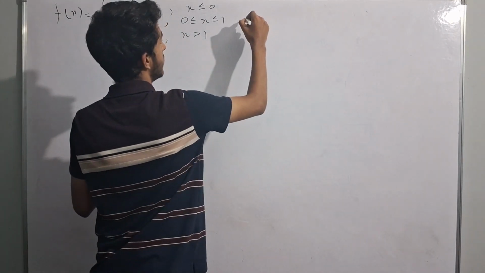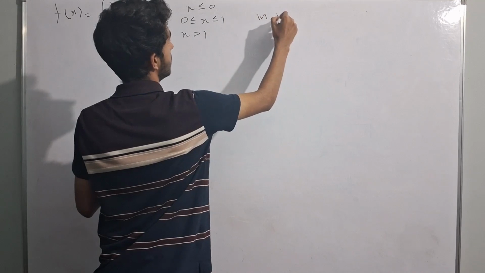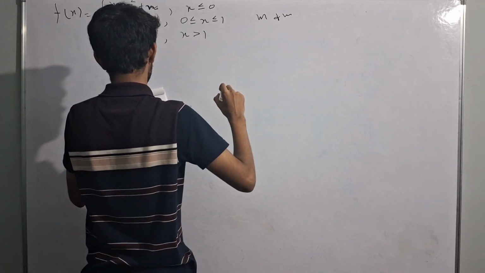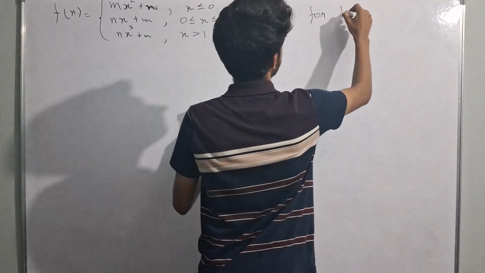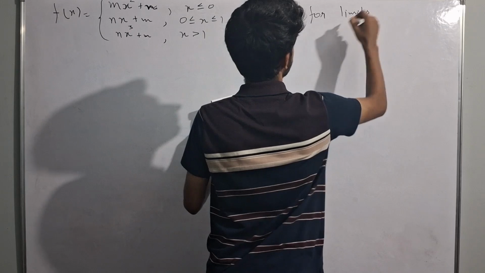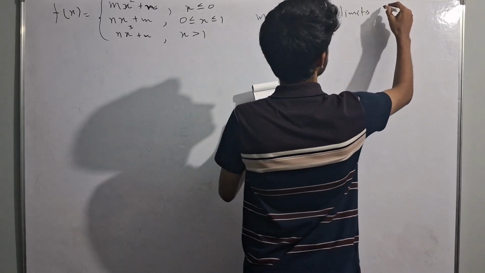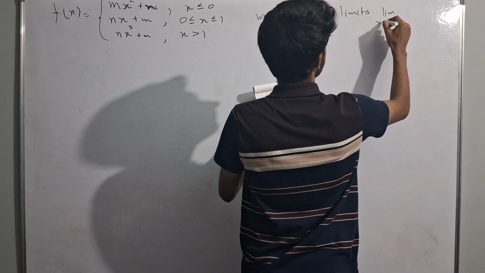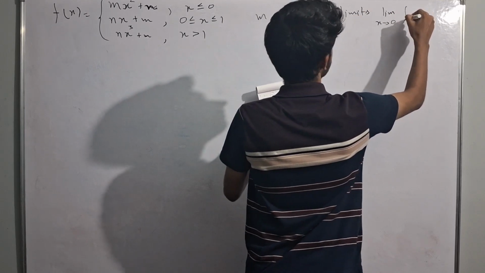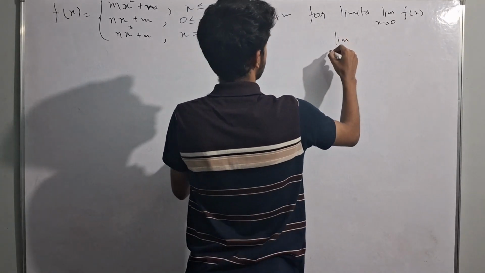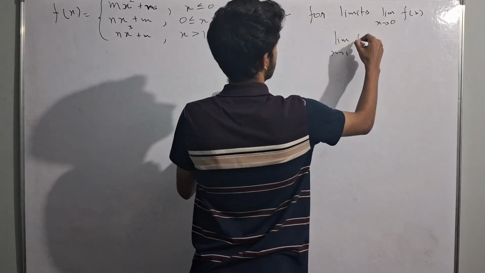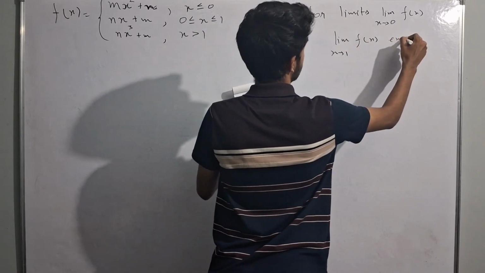So we need to find out the values of m and n for which limits x tends to 0 of the function of x and limit x tends to 1 of the function of x exist.